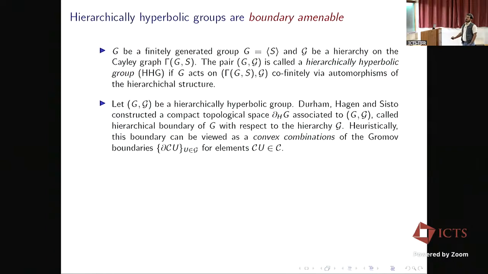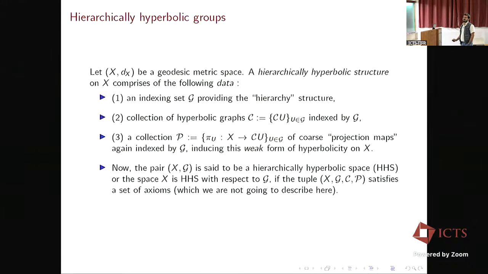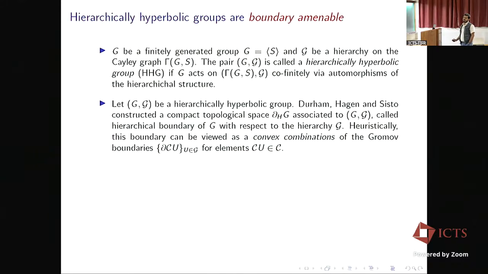There is a boundary that is defined for such groups by Durham, Hagen, and Sisto, and this boundary, in some sense, can be thought of as a convex combination of the Gromov boundaries that you get from this collection. Essentially, this definition is like a gluing of various topological amenable actions that you get from the components of these contact graphs and so on.